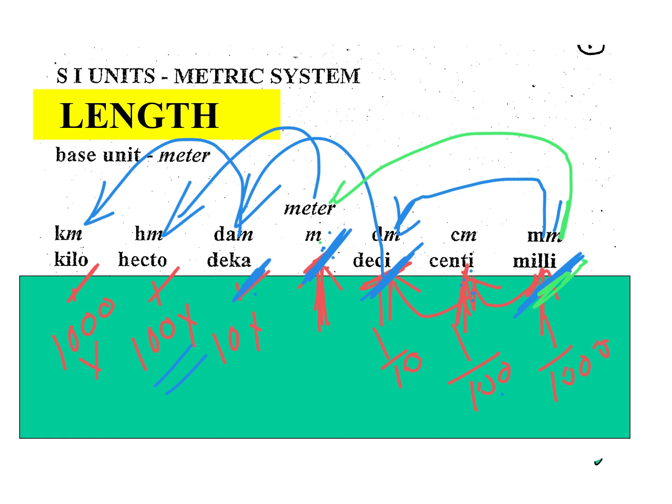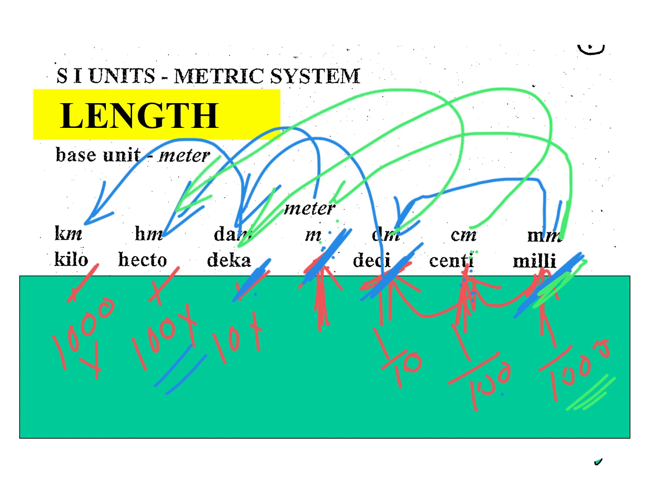Well, that makes sense because that's what the milli prefix means, 1/1000th of. If I look at the centimeters and I skip 2 places and I talk about the decameter, there's 1,000 centimeters in a decameter. And if I take this decimeter and I skip 2 places, there's 1,000 decimeters in a hectometer. And if I take my base unit and I skip 2 places, there's 1,000 meters in a kilometer. Well, that one should make some sense because that's what the prefix kilo means.